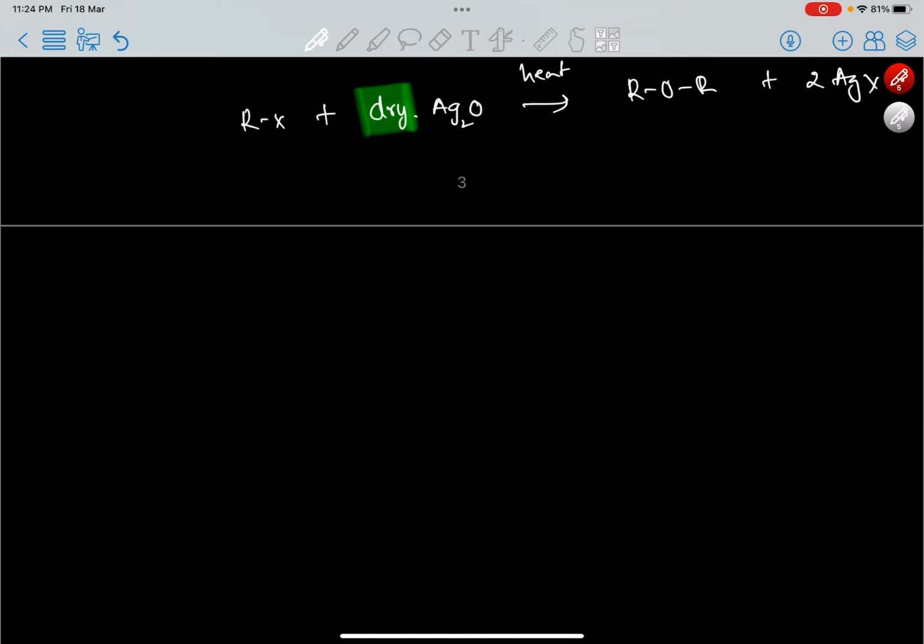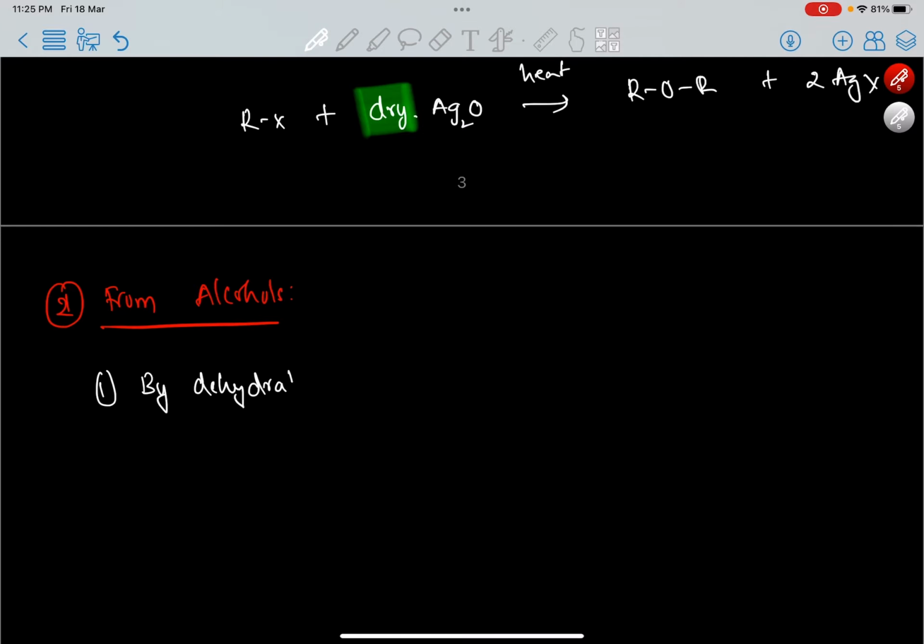Now let us talk about preparation of ethers from alcohols. The first one is by dehydration.